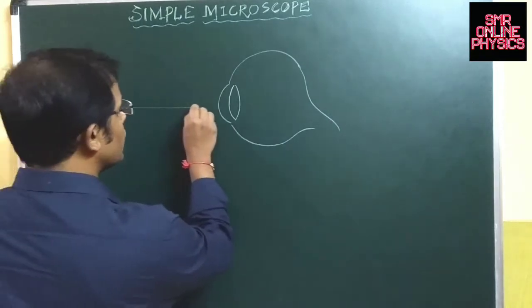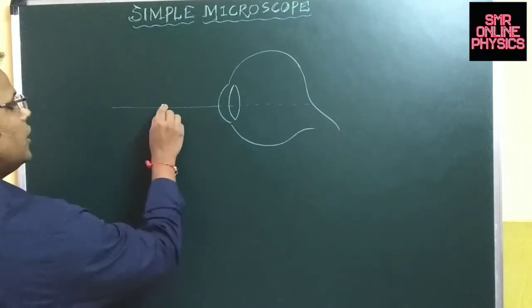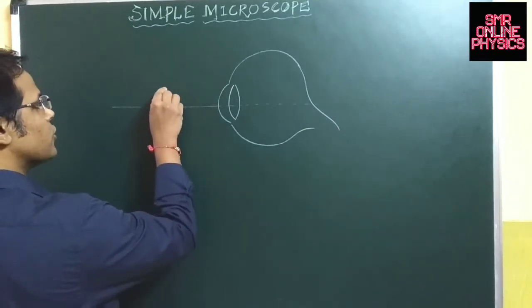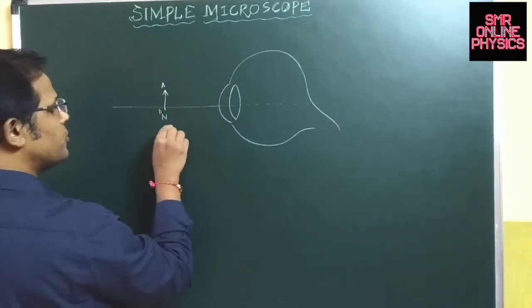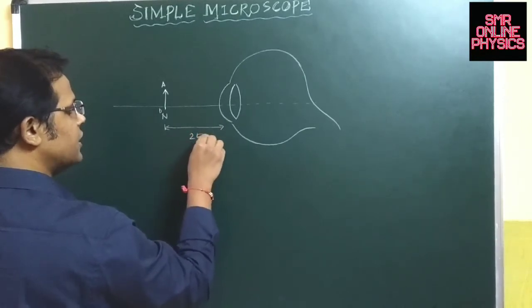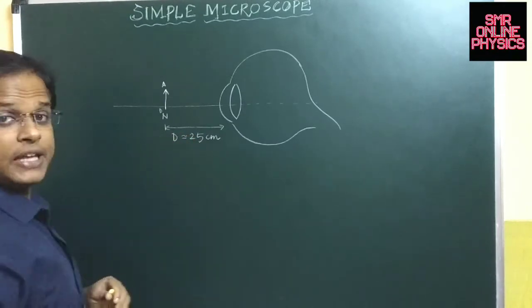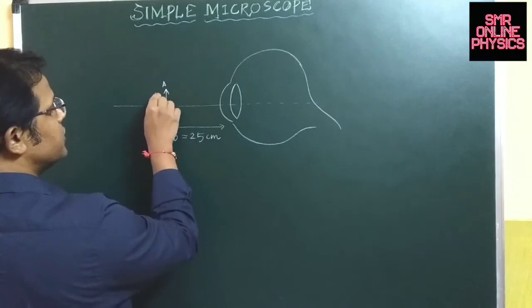And this is your imaginary principal axis, let us say. Now if the object is placed at the near point of an adult eye, which is considered to be equal to 25 centimeters and denoted by the capital letter D, so if this object is here, AB is the height of the object.